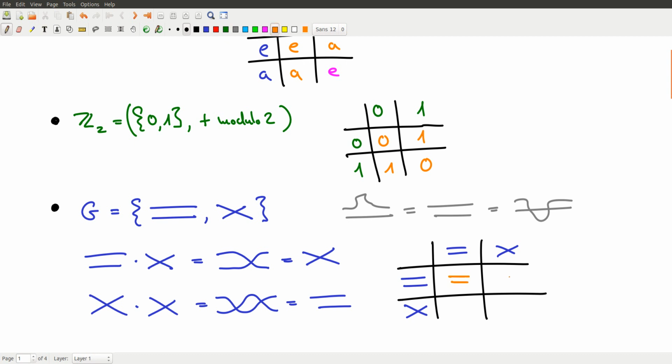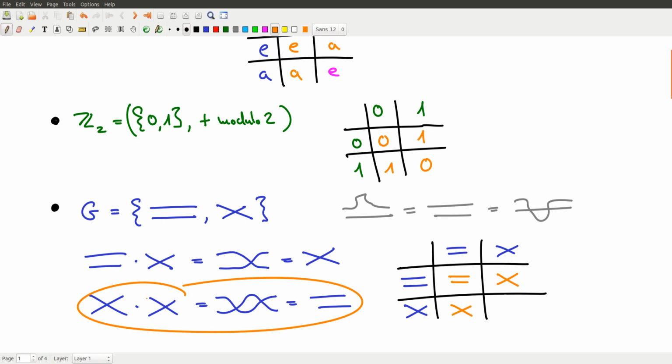And we see that the first diagram is the identity, because multiplying it with this crossing diagram gives just this crossing diagram, and the crossing diagram times itself gives the identity. So this is another instance of a group with 2 elements, and the group table of course looks the same as the previous group tables, just different names for the group elements.